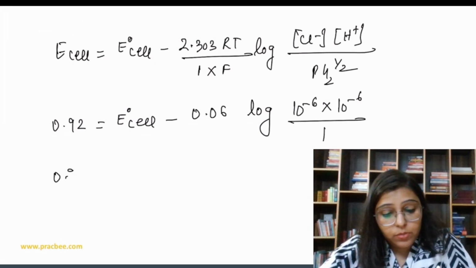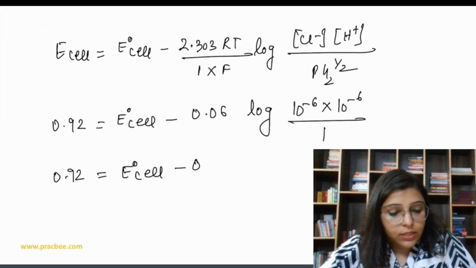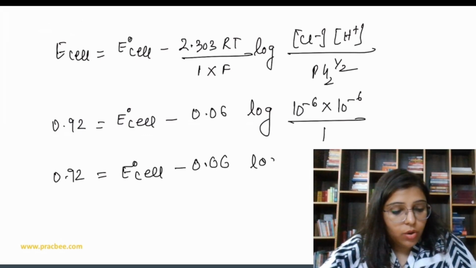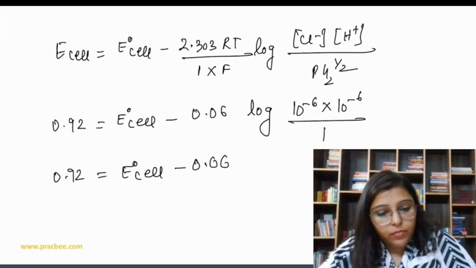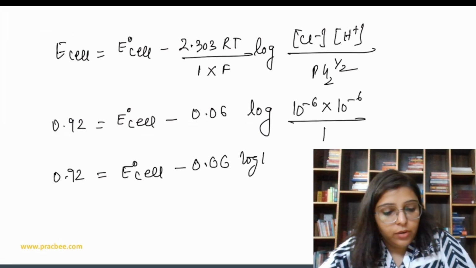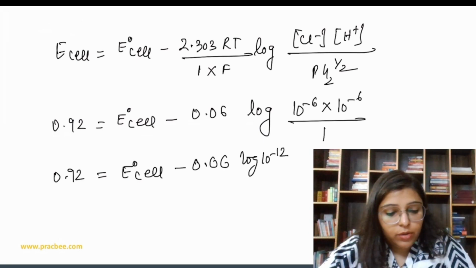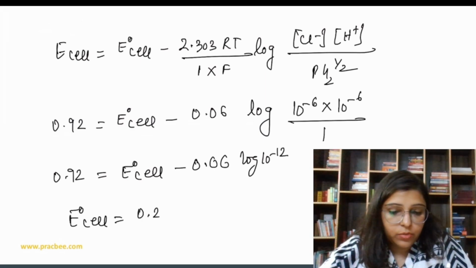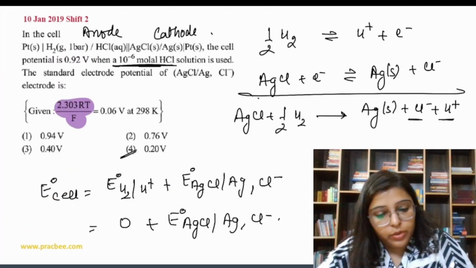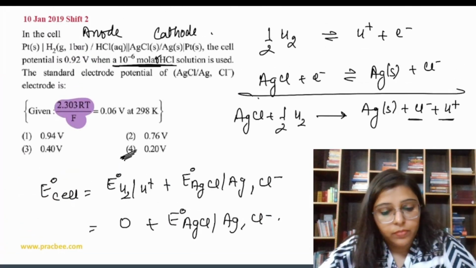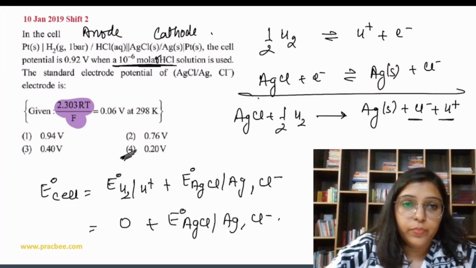So 0.92 is equal to E naught cell minus 0.06 log 10 to the power minus 12. When you solve this, you get the value of E naught cell as 0.20 volt. So the answer is going to be 4.